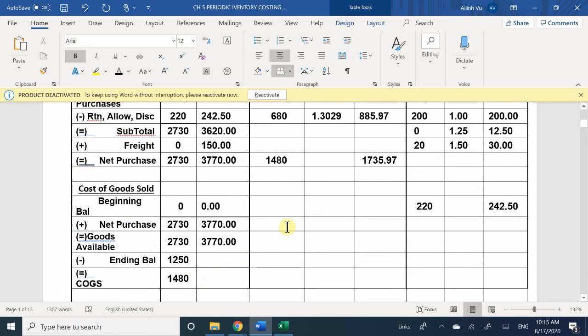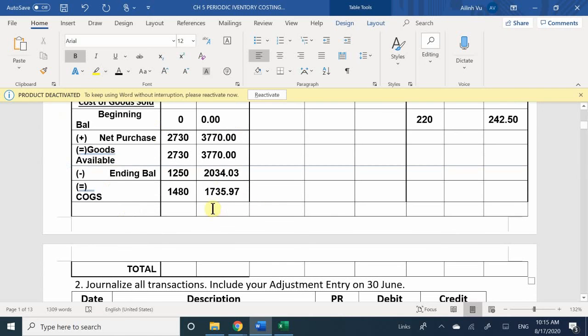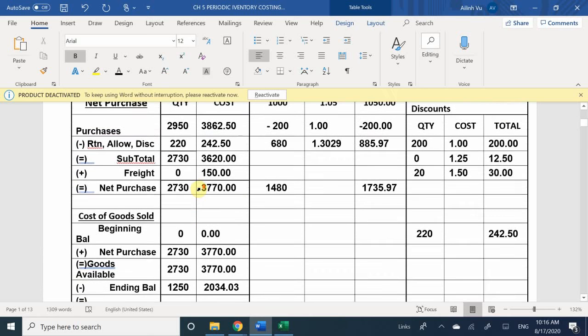My ending inventory is going to be 1735.97. All right, then what is my total ending inventory now? 2034.03. 2034.03. Okay, and that is what you need to use for your conversion entry.